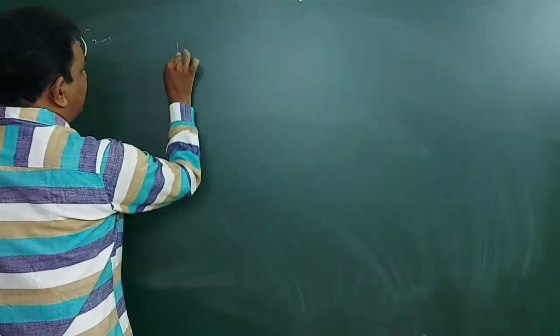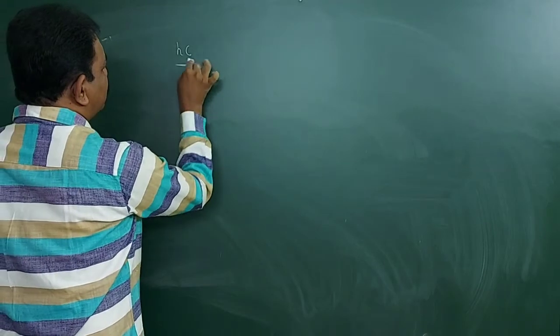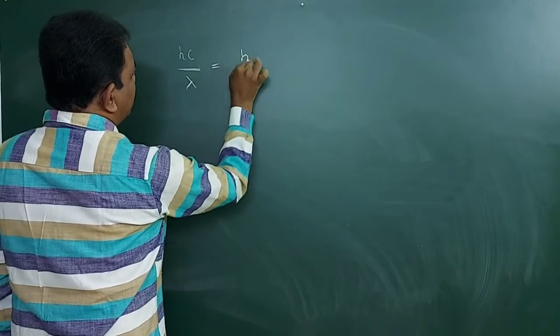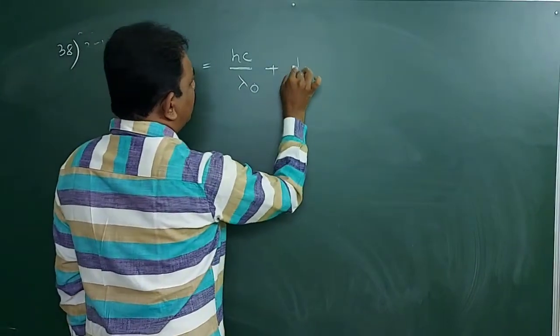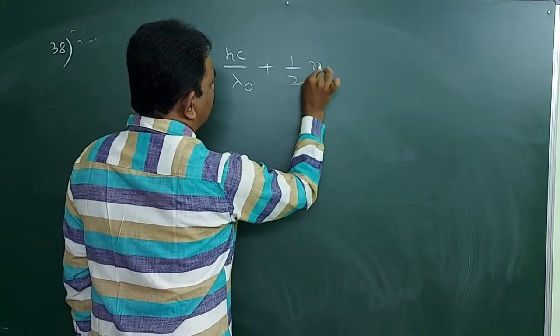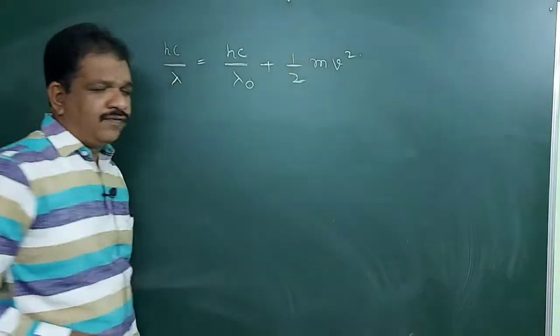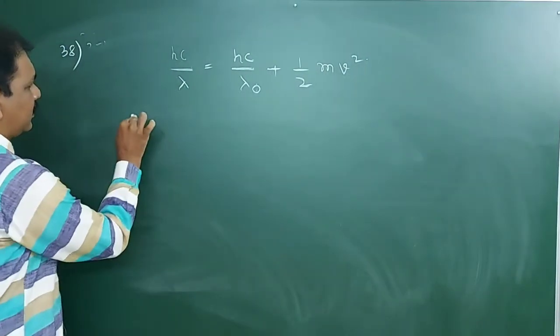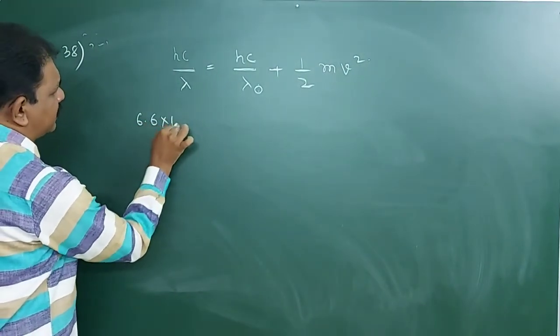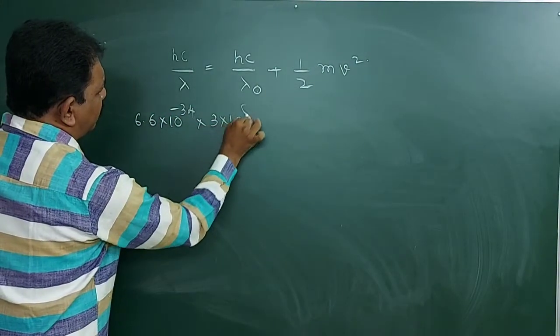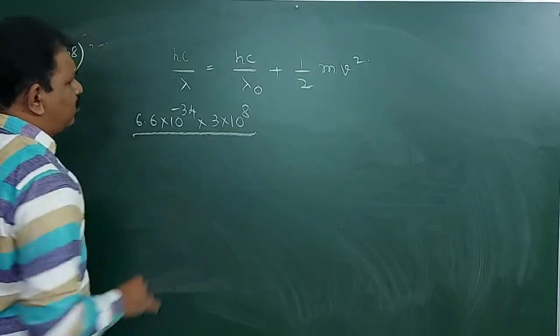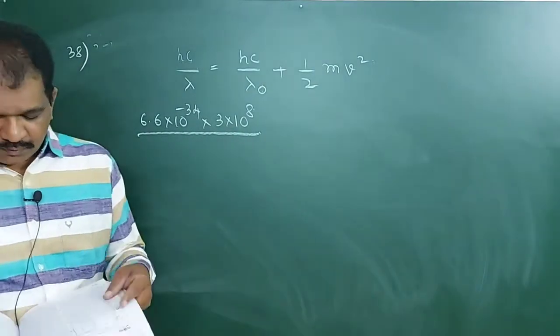With a little bit of patience you have to do this problem. hc by lambda is equal to hc by lambda naught plus half mv square. This is 6.6 into 10 power minus 34 into 3 into 10 power 8, the c value.